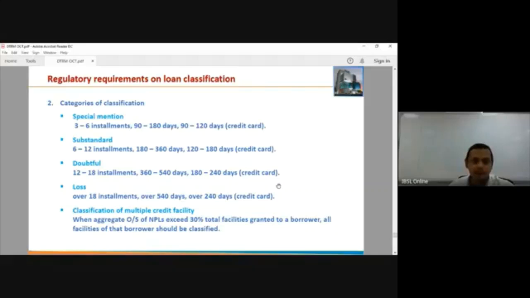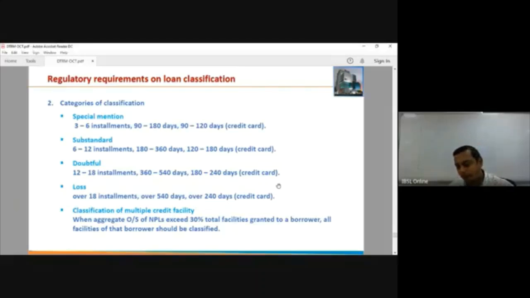If it's an installment loan, 3 installments are not paid, and for other types of loans, 90 days of capital and interest not paid, then that loan is classified as NPL, and the first category is special mention. And that bucket remains the same until default of 6 installments or 180 days. So special mention is 3 to 6 months default, or 90 to 180 days default. But in the case of credit cards, the period is shorter, so it's only 90 to 120 days.